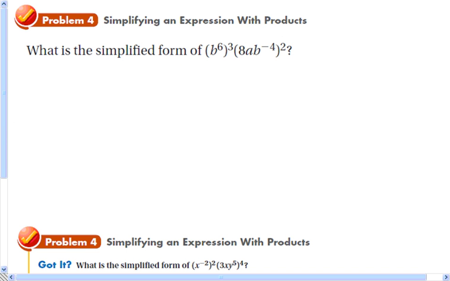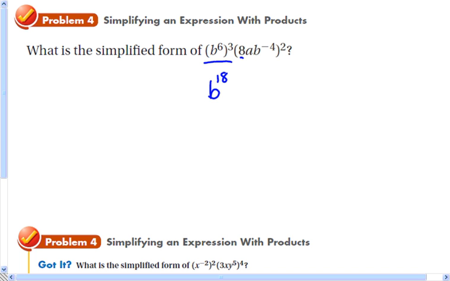All right, simplifying an expression with a product. So here we have a whole bunch of stuff, powers raised, all that. We're going to use the distributive property of exponents here, and we're going to use the power to a power property. First of all, let's simplify this part right here. When you're taking a power to a power, you need to multiply the exponents, so we're going to simplify that to b to the 18th right away.